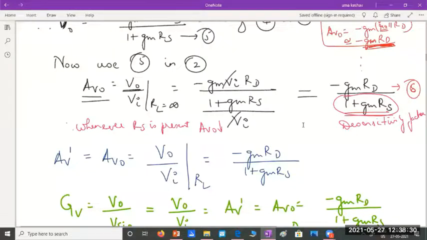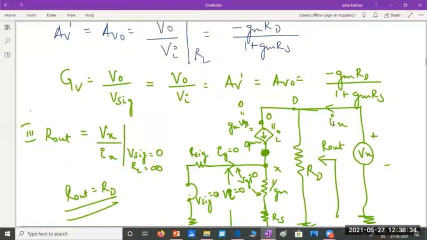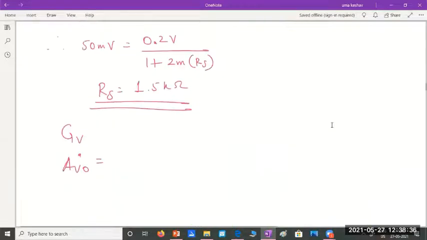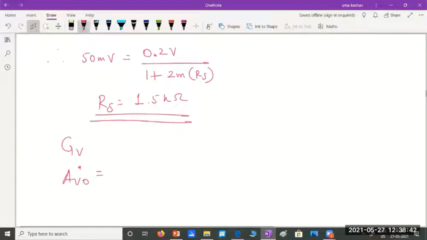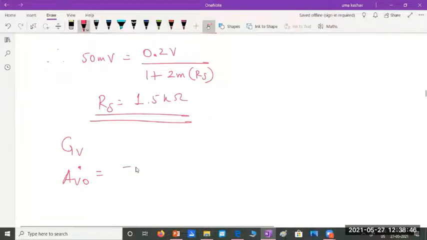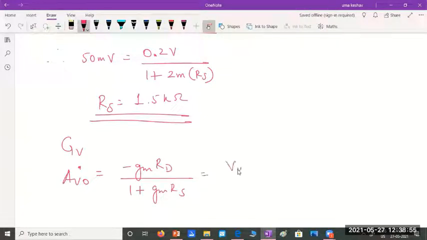It is 200K, so you can easily neglect. You just say, what is AVO? AVO will be minus GM RD divided by 1 plus GM into RS. This is V naught by Vi when RL is infinity.